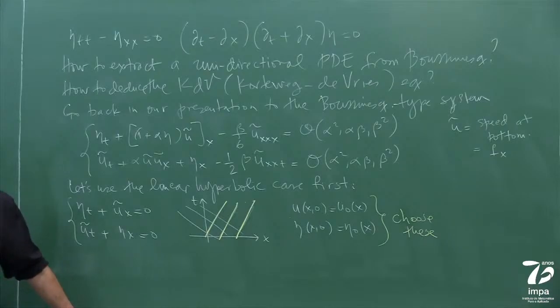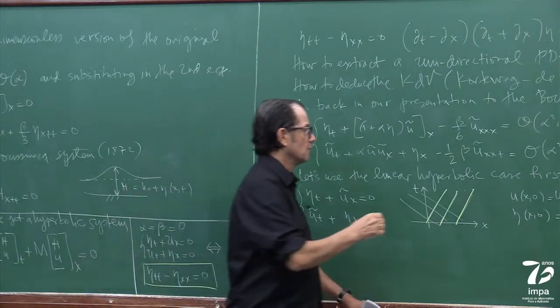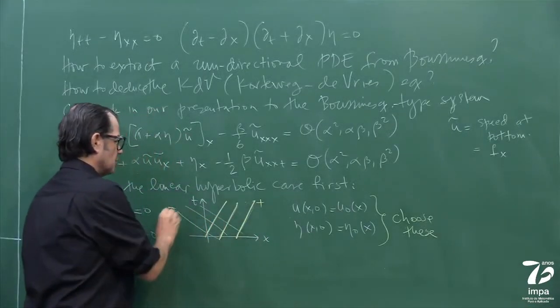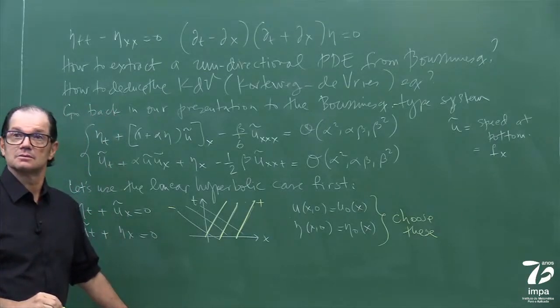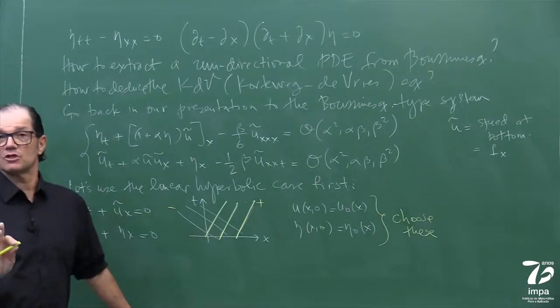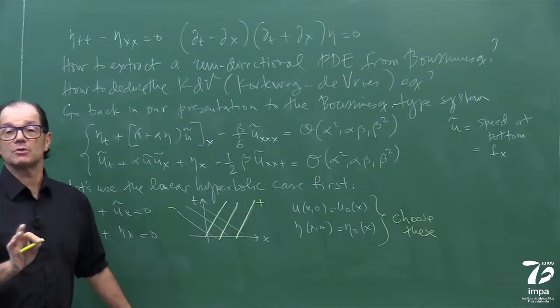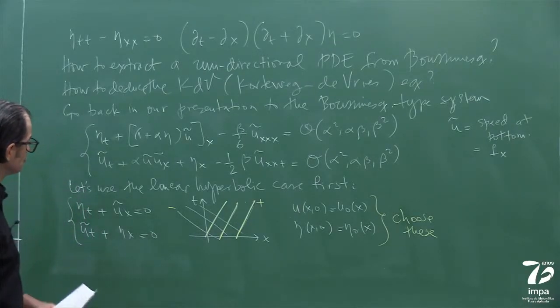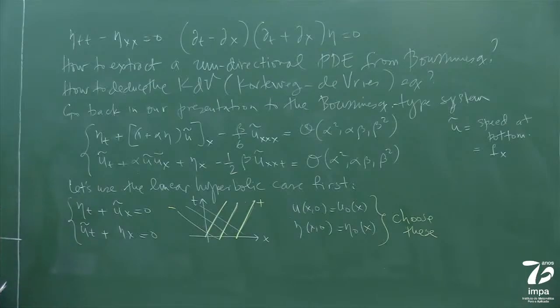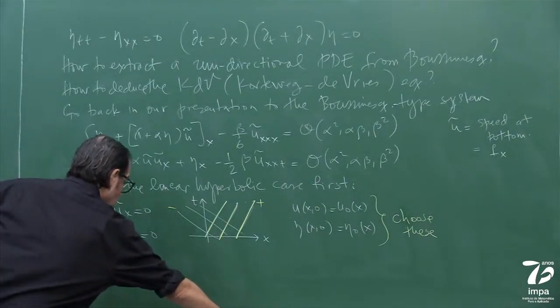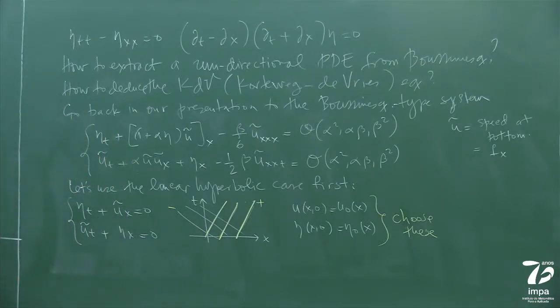In other words, how do I choose initial conditions so I only activate the plus characteristics? You don't have to answer it now. It's a good, not very difficult, exercise. I will give you the answer because it's important for the class. But you think about it.